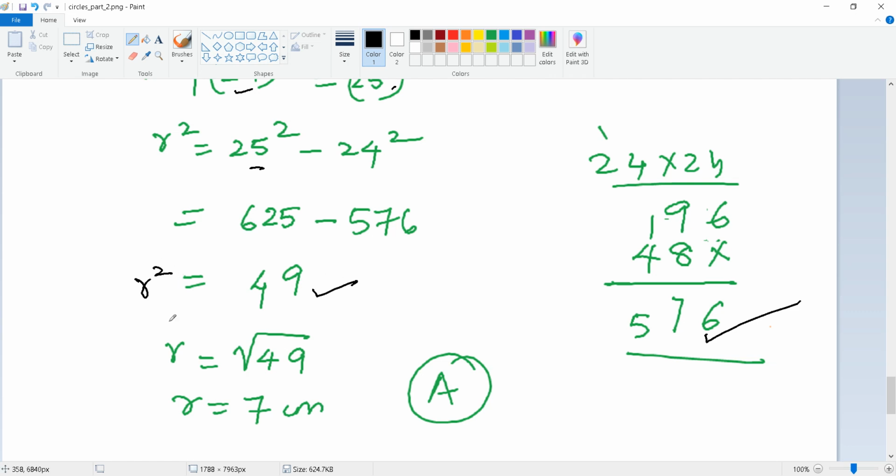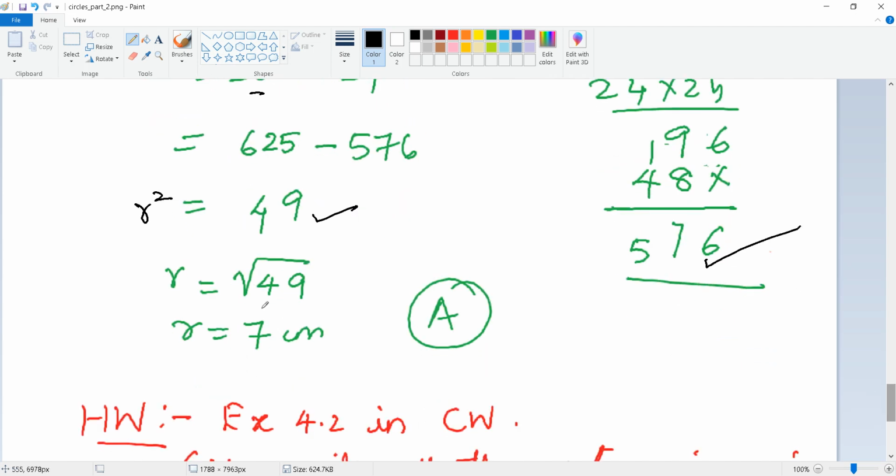To find r, we take the square root of 49. Whenever you take a square root, you get plus or minus, so the square root of 49 is plus or minus 7. But the radius is a length and can't be negative, so r is equal to 7 centimeters. We neglect minus 7. So option A is the right answer to your multiple choice question number 1.